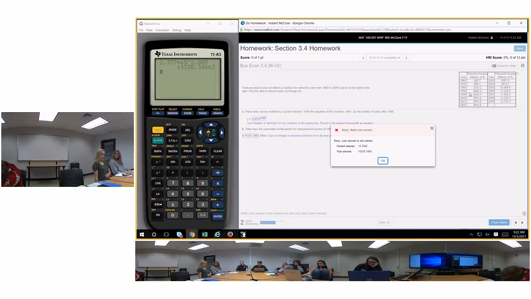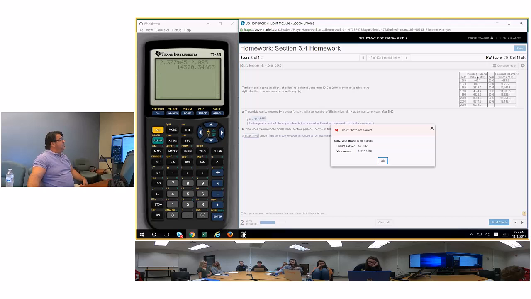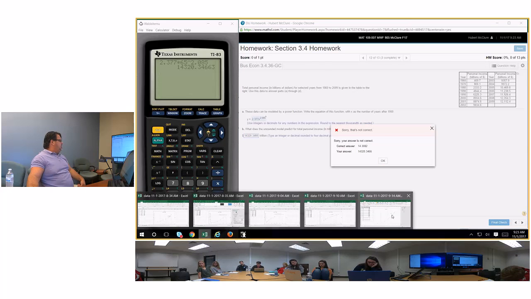Okay, that's because this is in billions. So you have to change it to a decimal. I got 14.3, 14.3. See there? And I think they used the actual function, because if you punch it in the calculator, it's going to give you something different. I'm trying to think how to do it on the Excel spreadsheet.